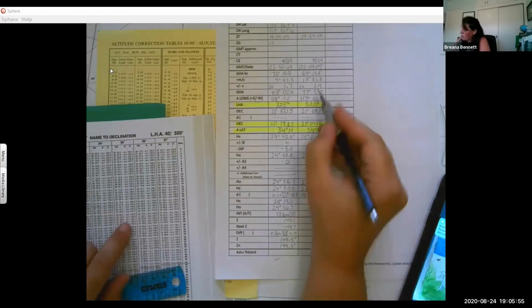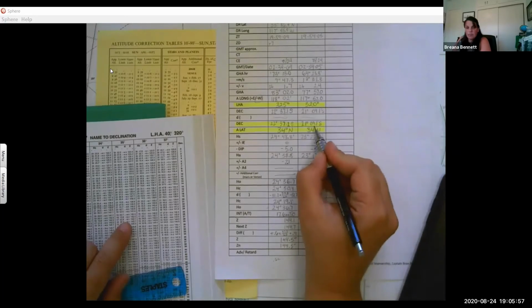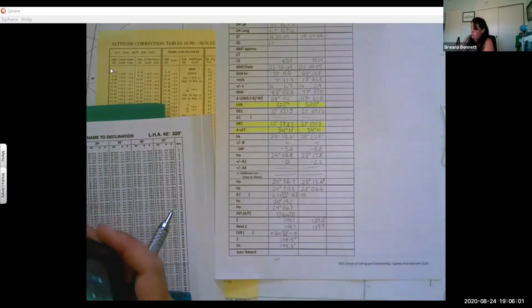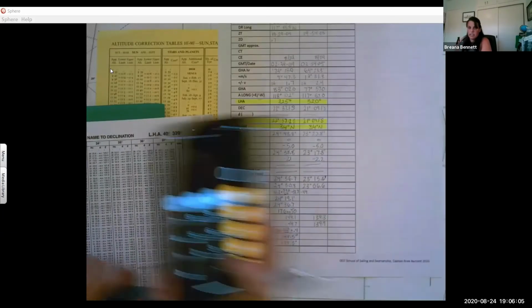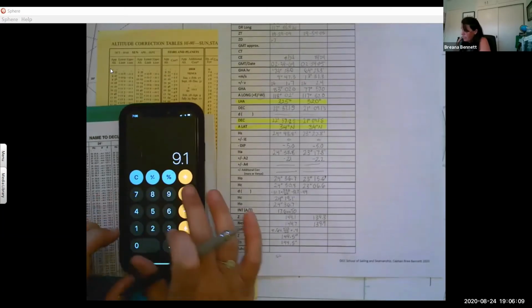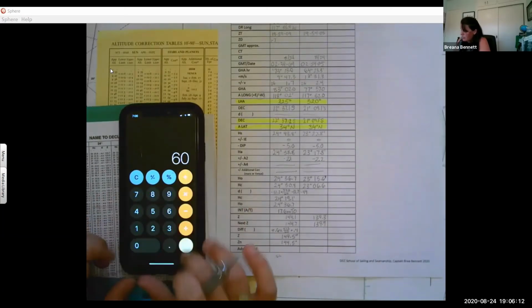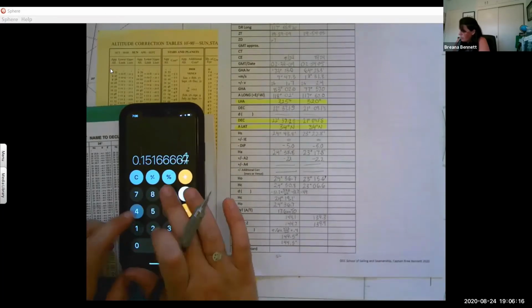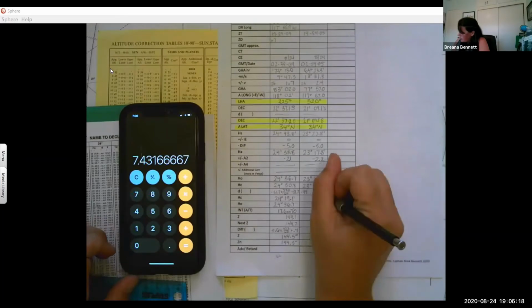Okay, so our remainder here is 9.1 for our declination. Oh, you guys can't see that. 9.1 divided by 60 times 49 gives me minus 7.4.